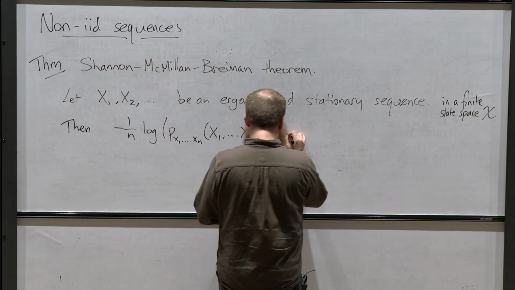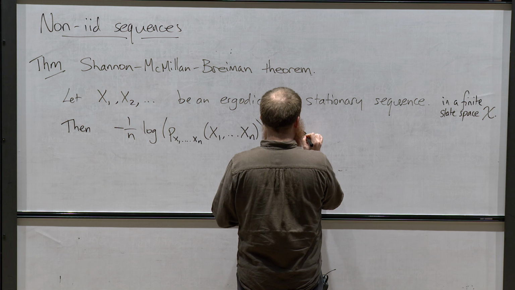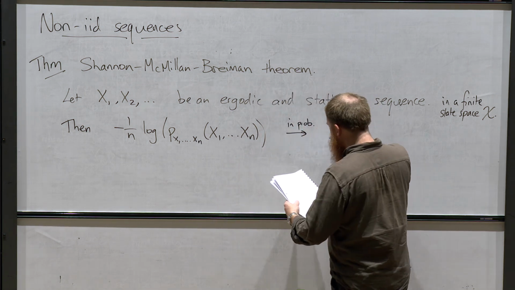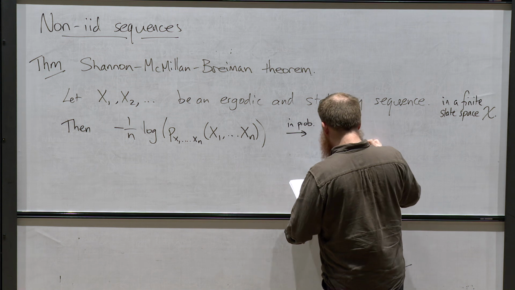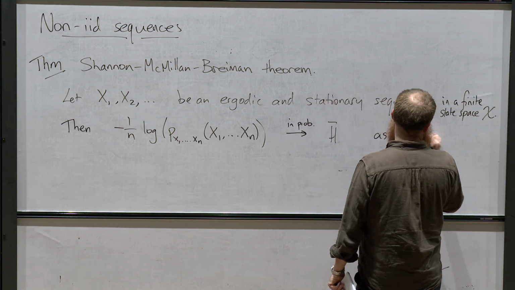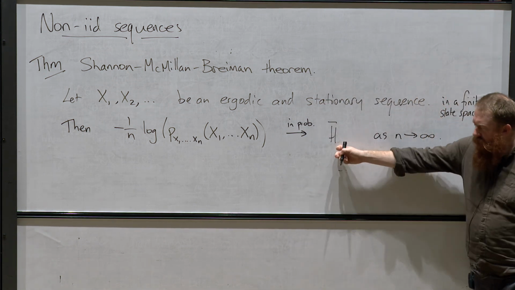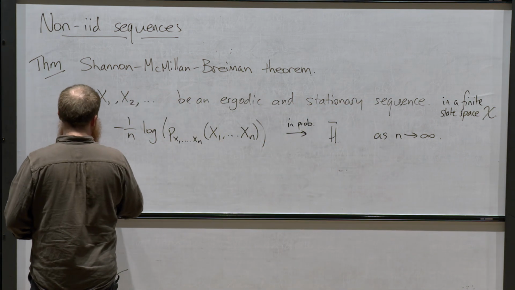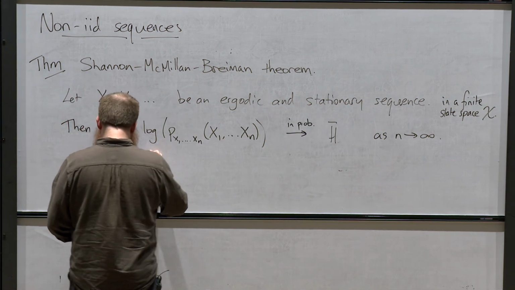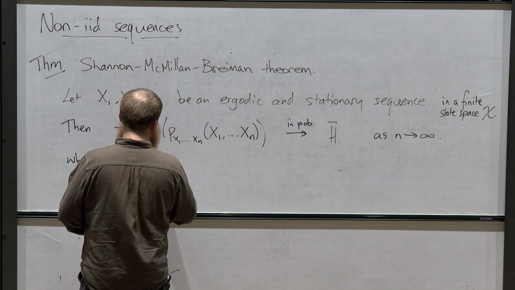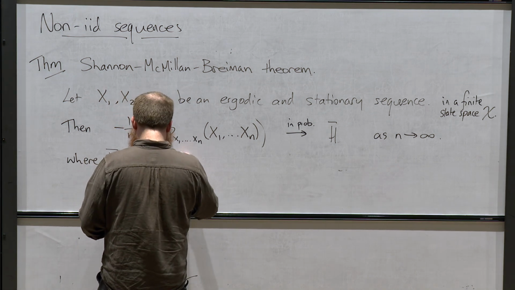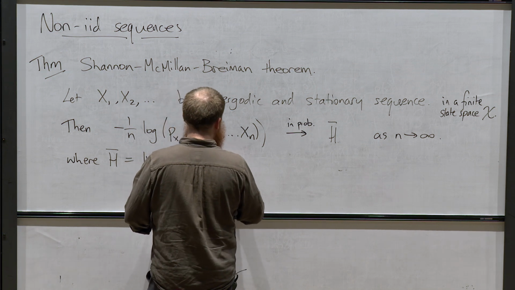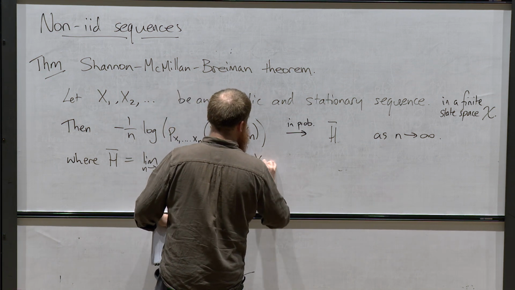This converges in probability to a quantity h bar as n goes to infinity. And what's h bar? Where h bar is the limit as n goes to infinity of 1 over n h of x1, x2, up to xn.